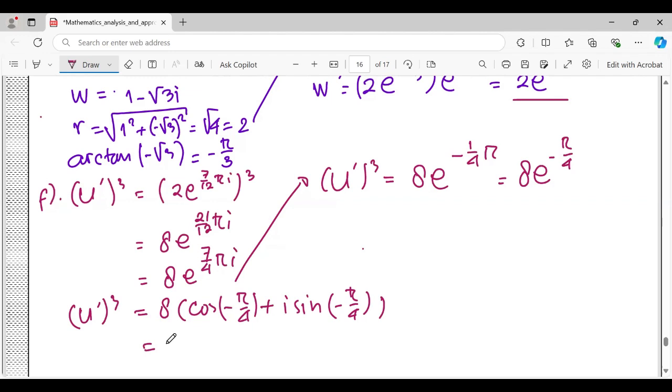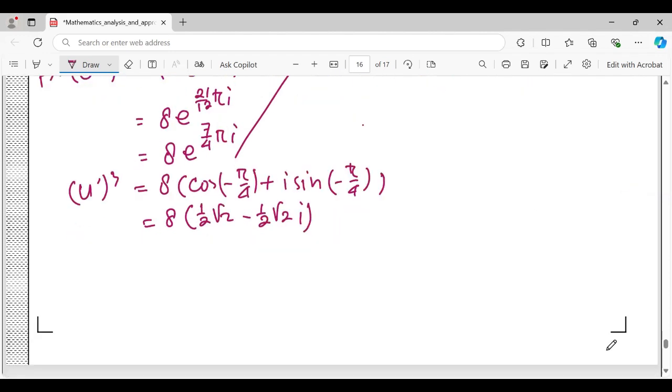And it is 8 brackets cosine minus pi over 4 is half root 2, and this one is minus half root 2 I. And next, it is 8 times half for 2I.